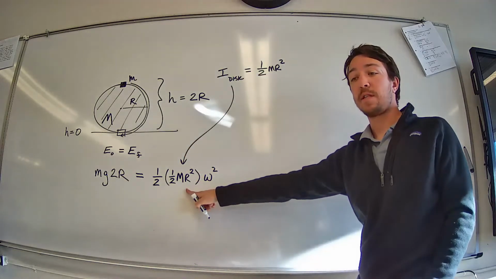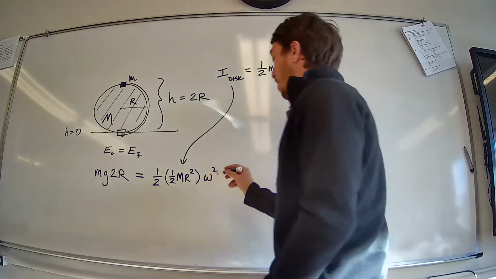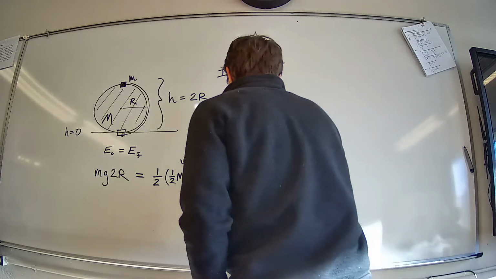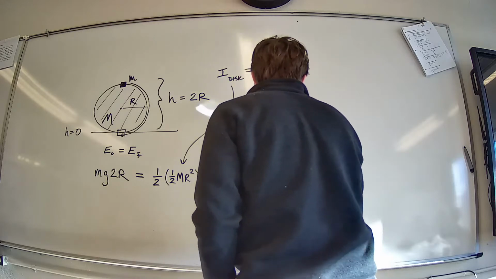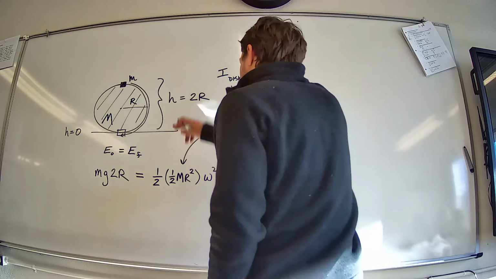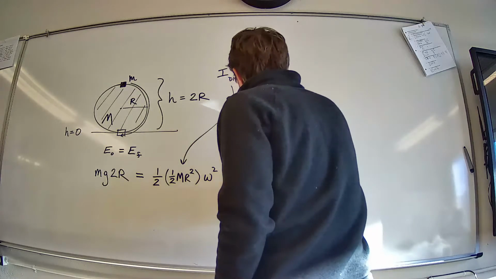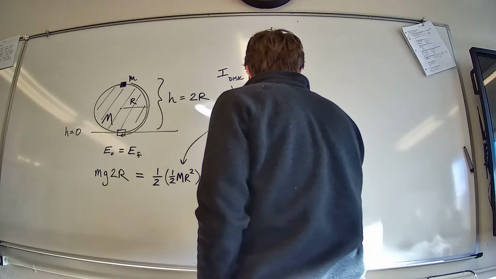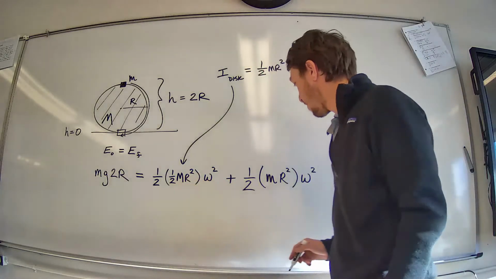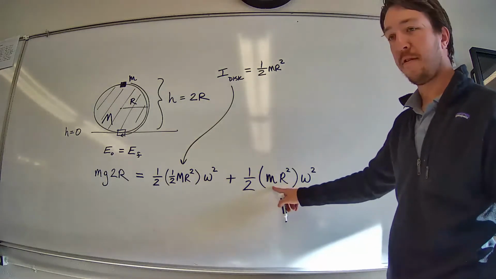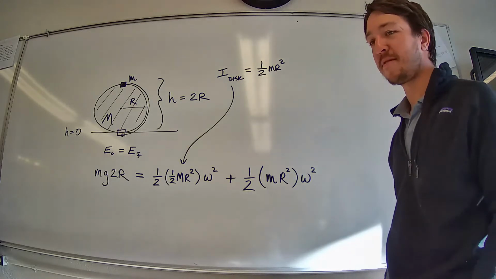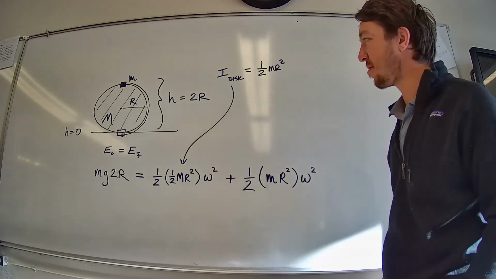That right there is the I value for the disk. Plus, how about the point mass? It's just mr squared, but it's little m this time. Hopefully you're okay with distinguishing between the little m and the big M. Give the little m a little flourish, a little tail, make him look fancy.